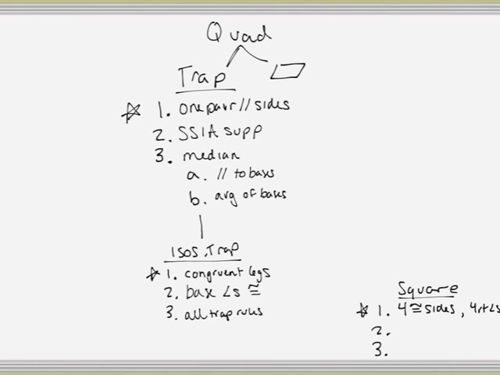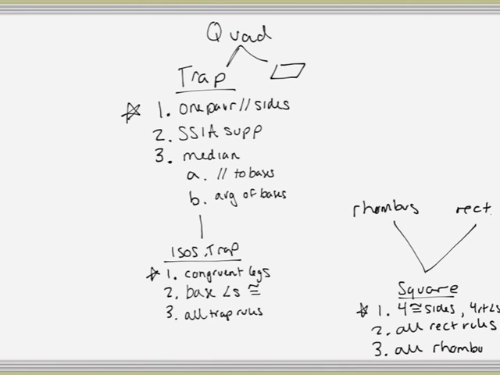There's the definitions of both a rectangle and a rhombus, which is what this is actually flowing from. So the other two blanks for square should then be that since this is flowing down from rectangle and rhombus, all rectangle rules apply and all rhombus rules apply.